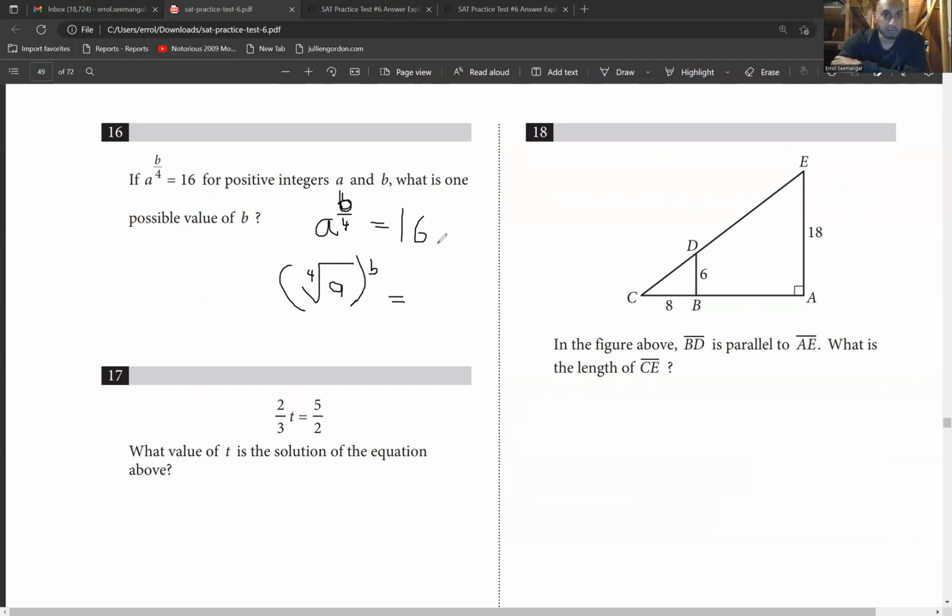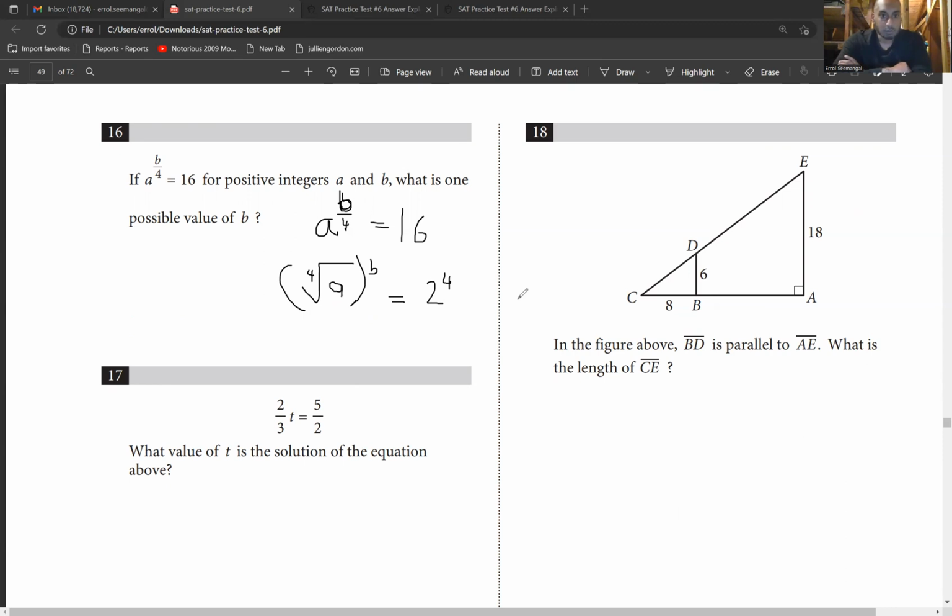You could take the fourth root of 16, which is 2. 2 times 2 is 4 times. Yes, exactly, 2 to the 4. Now what? If we square both sides? No, if we raise both sides to the 1 over B.